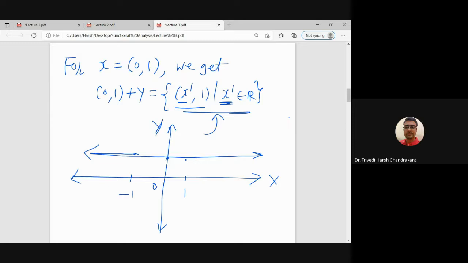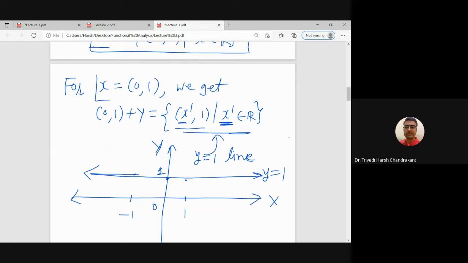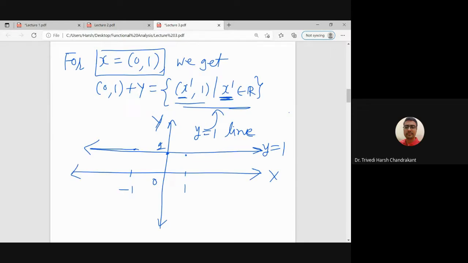So what is this line? This line is y equals 1, right? So the equivalence class of (0, 1) is the line y equals 1. Similarly, if we take the equivalence class of (0, 2), then what will we get?